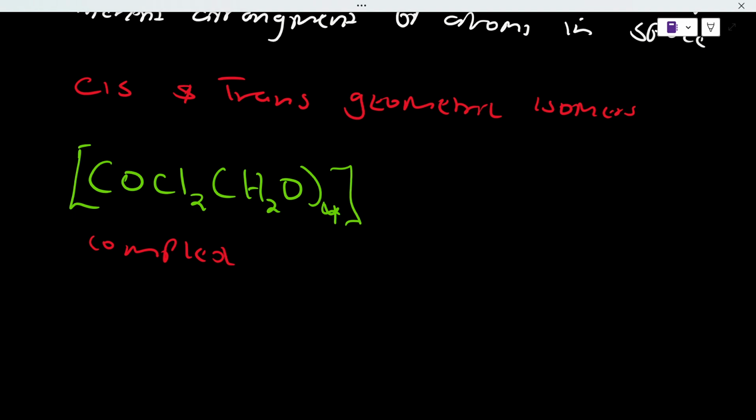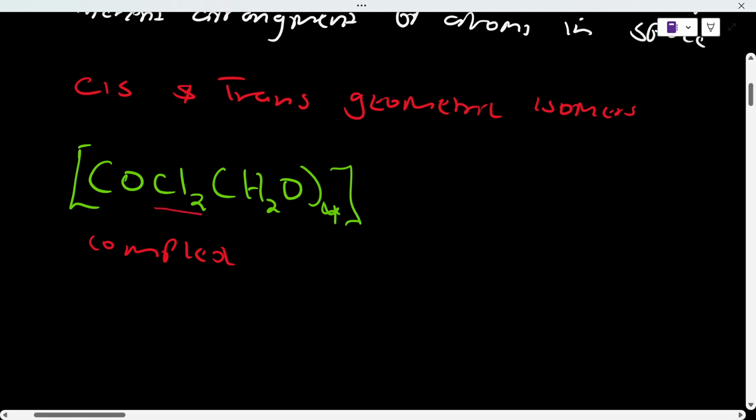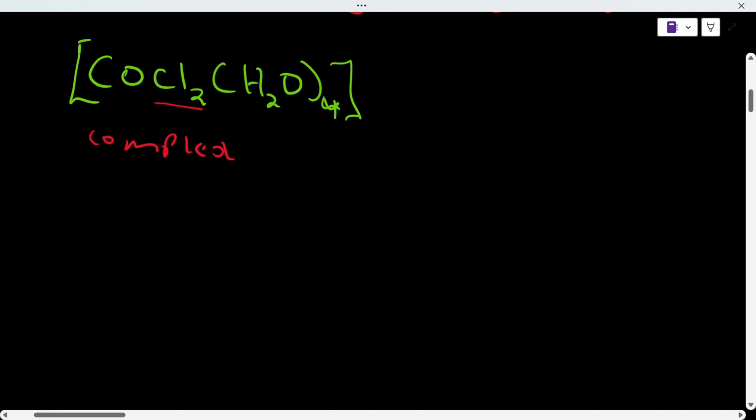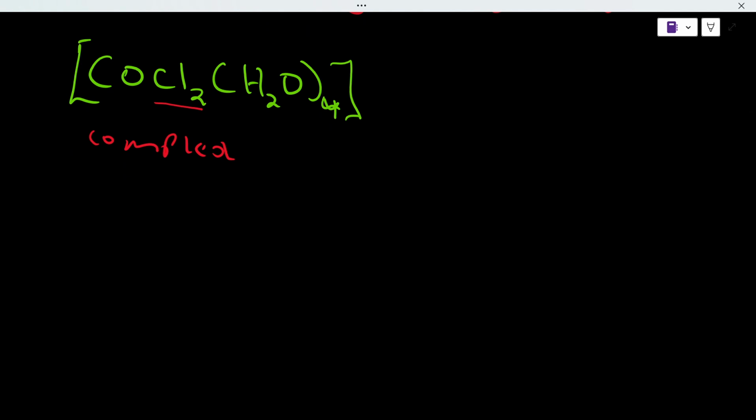The key thing I want us to focus on are the two chlorides found within that given complex. So I want to show you how this given substance can exhibit geometric isomers of cis and trans.